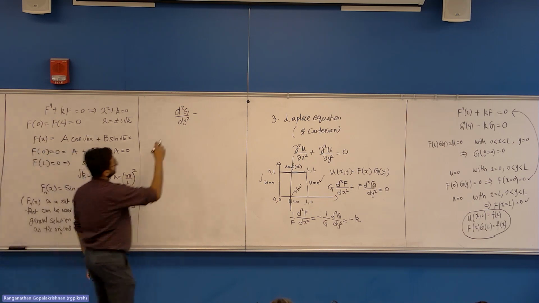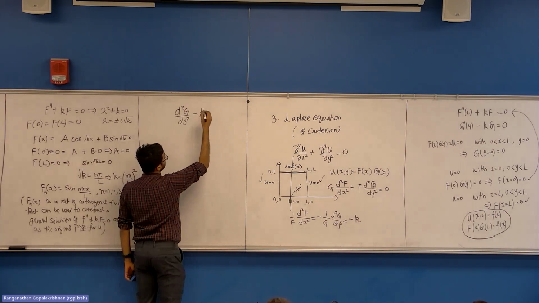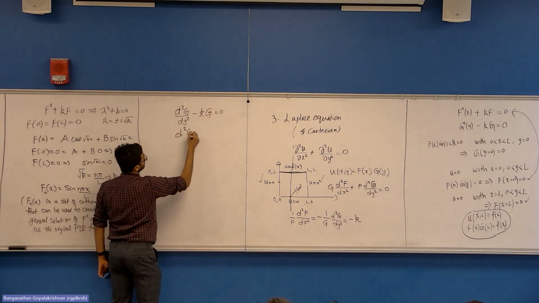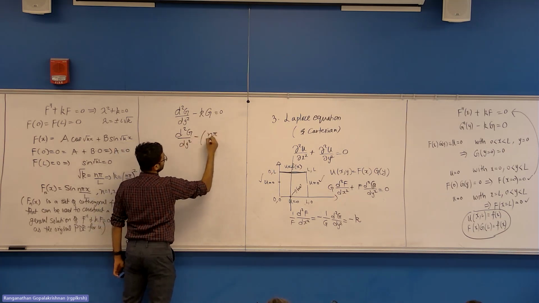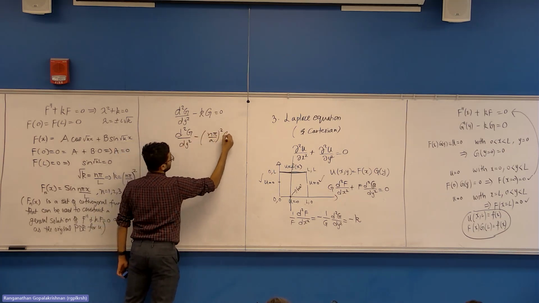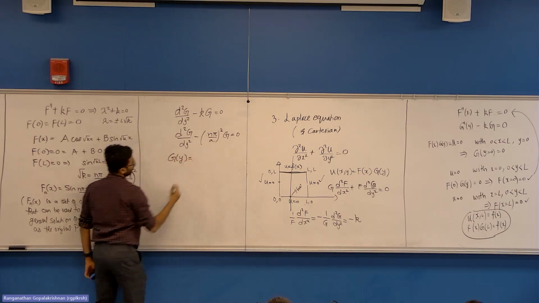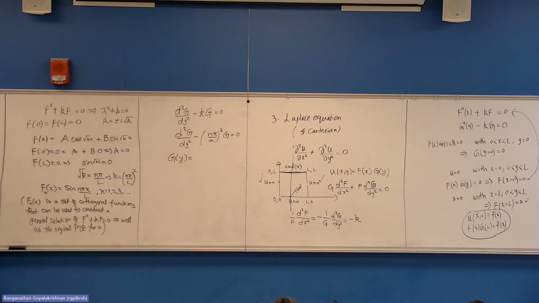So we have d squared g over dy squared minus kg equal to 0, or d squared g over dy squared minus n pi over L squared times g equal to 0, which would mean what? What will be the form of g of y?